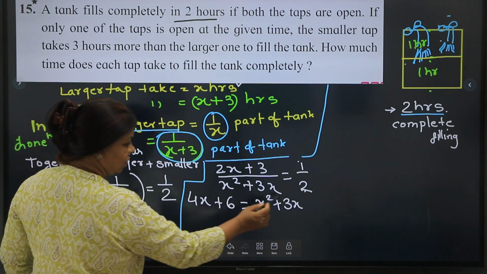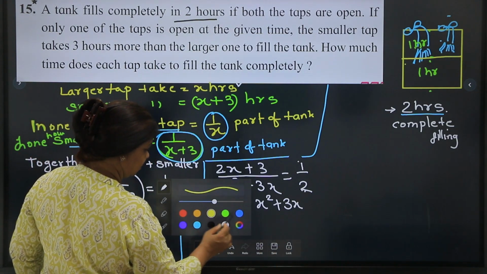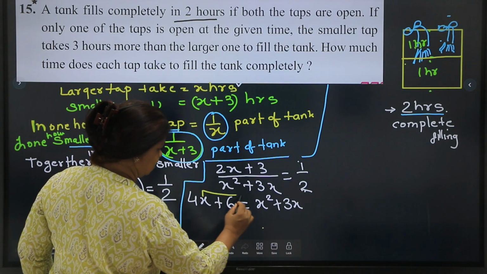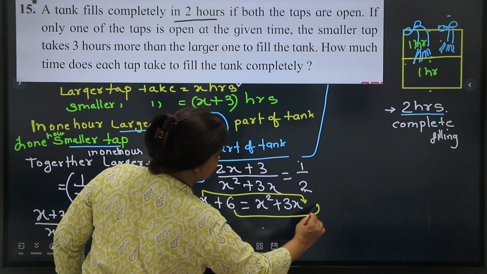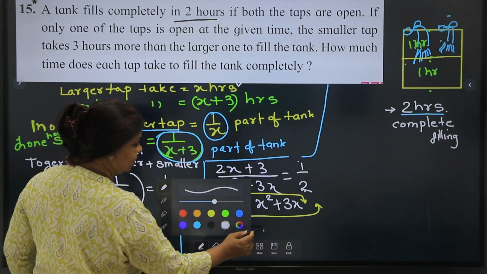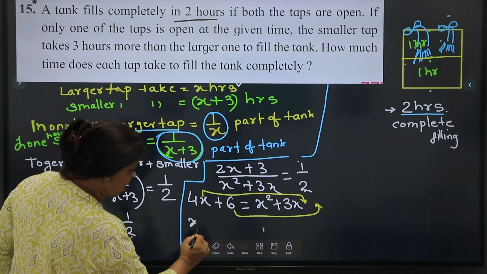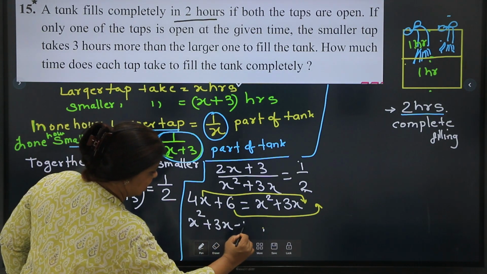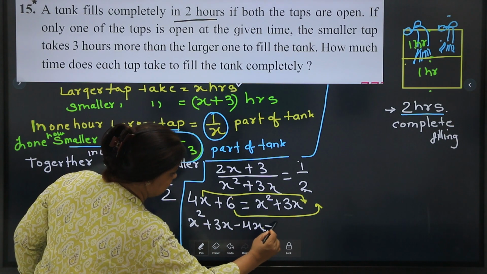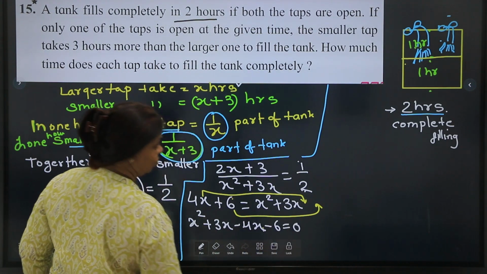Now this 4x will go there, and even 6 will go there, and what we will be getting? We will be getting x square plus 3x minus 4x minus 6 is equal to 0.